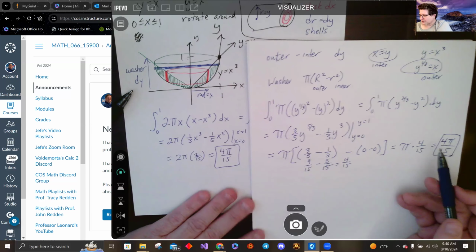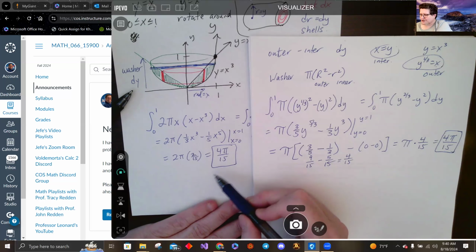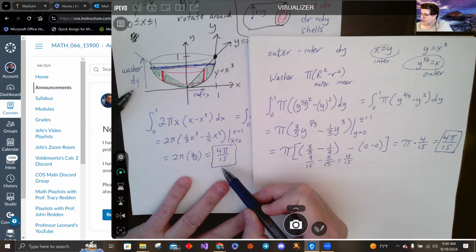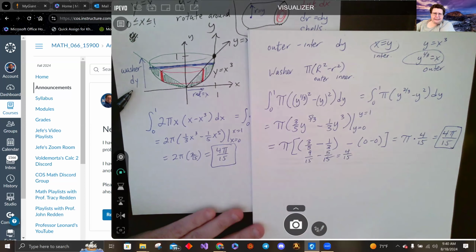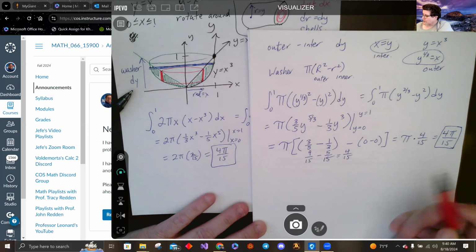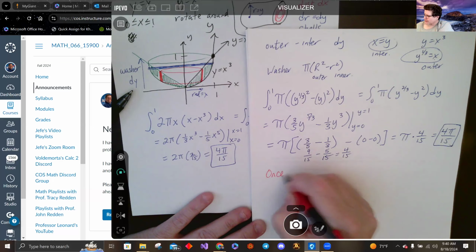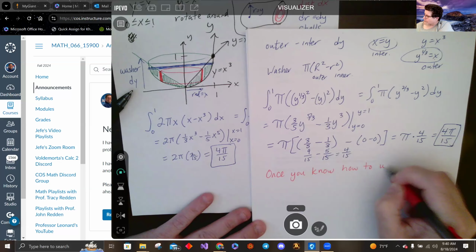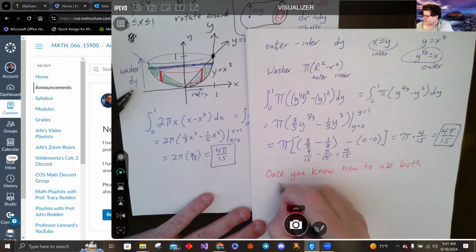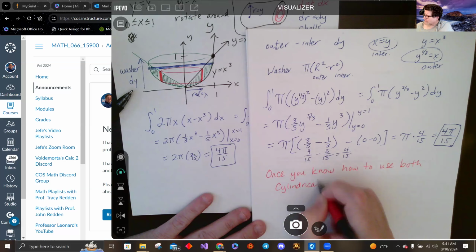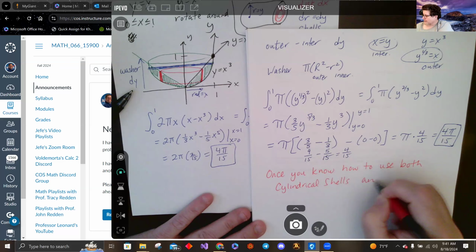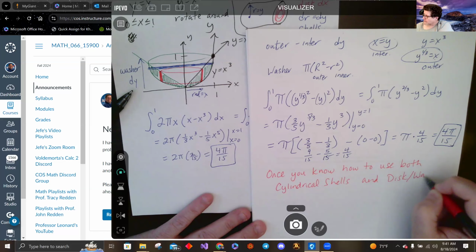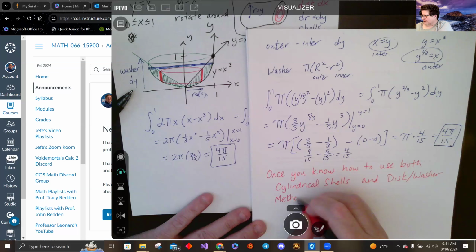So they both get the same answer. This one I think is a little easier to set up. So that's your strategy. Once you know how to use cylindrical shells and the disc washer method, your strategy should be this.